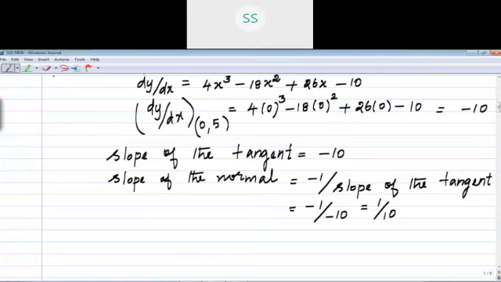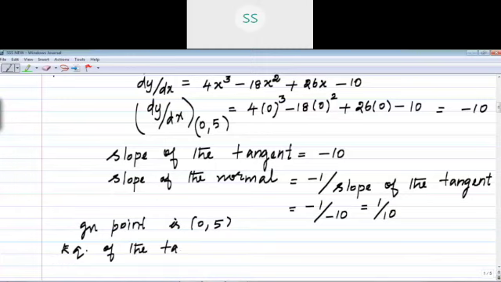Now, the given point is 0 comma 5. Equation of the tangent: I discussed the formula, right?